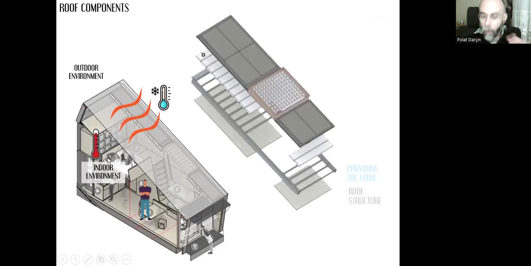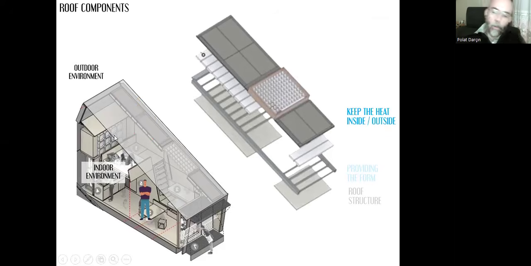And if we want to stop this or slow this transfer down, it's not just related with the roof, obviously. We are talking about the whole building envelope, and specifically for the roof, we need to keep the heat inside, or based on the climatic conditions or geographical location, if you are living in a hot area like Antalya, then during the summer period, you need to do the opposite.